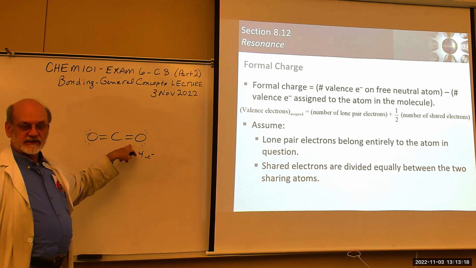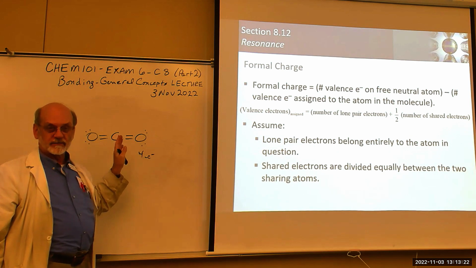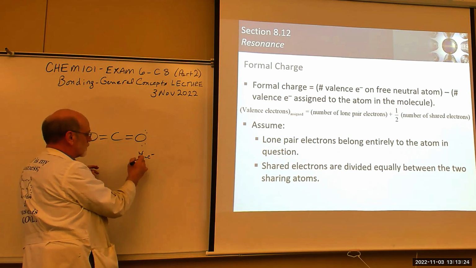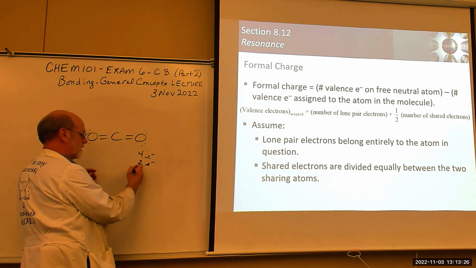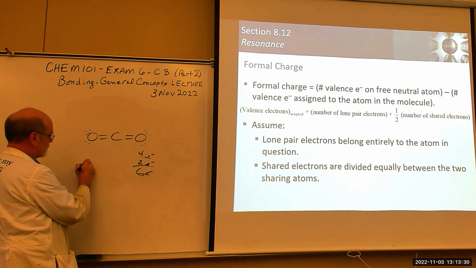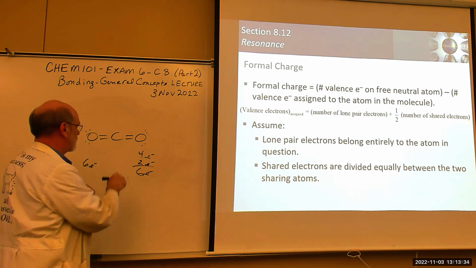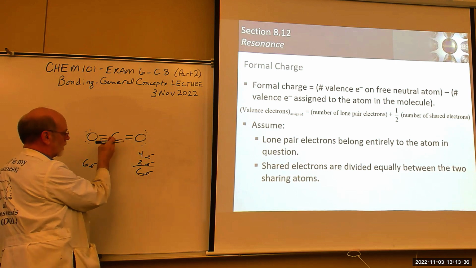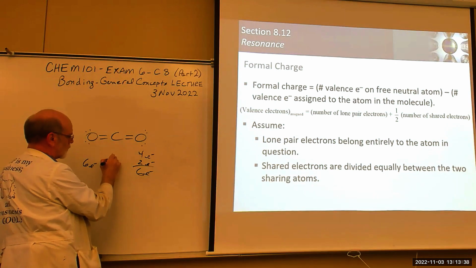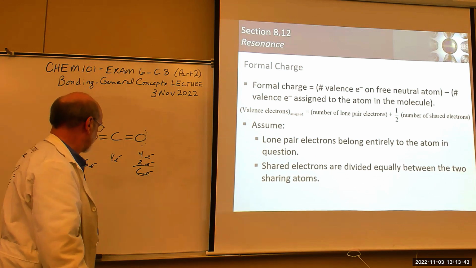Then you look at the bonds. Each atom on either side only gets half of them. So we got 1, 2 electrons. Okay, we got 6 electrons that are assigned to that oxygen. On this side, same thing, 6 electrons. How many are assigned to carbon? 1, 2, 3, 4, only half of each bond. So carbon gets 4 electrons. Okay.